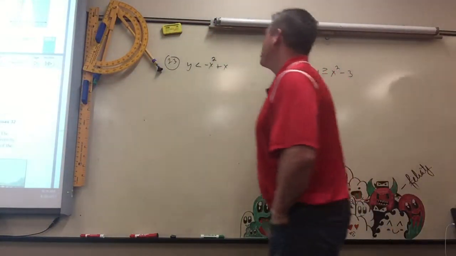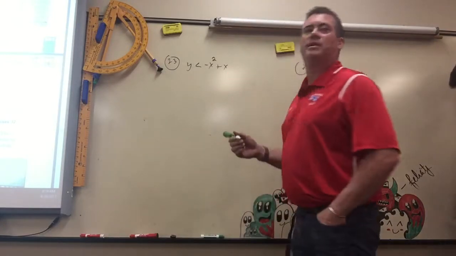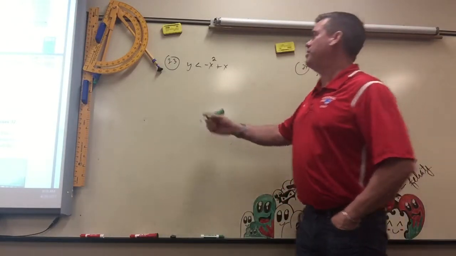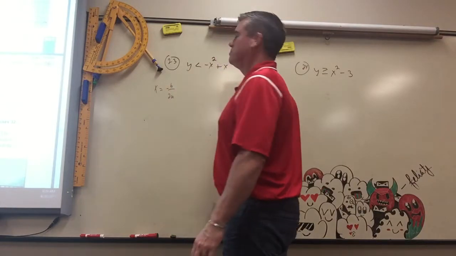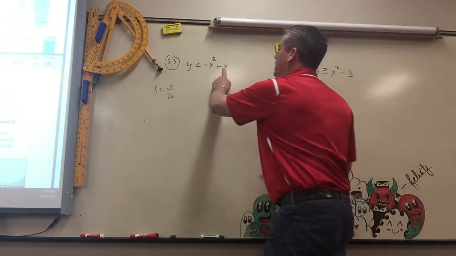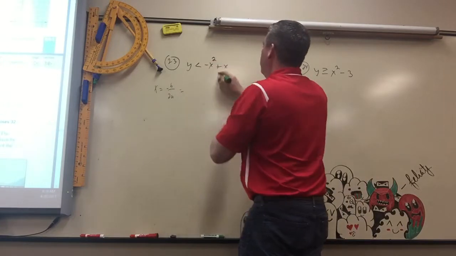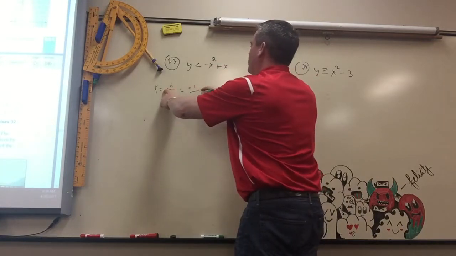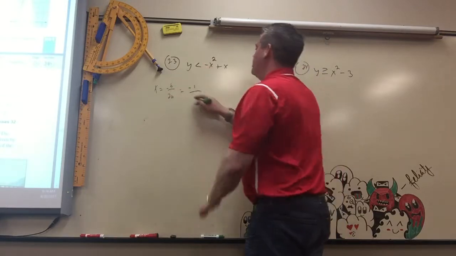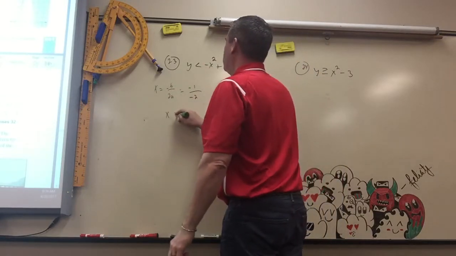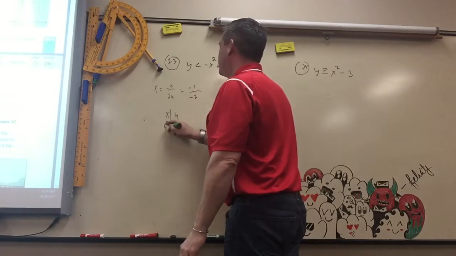Okay, so when you're graphing, you need to start with negative b over 2a. So b is a 1, so it'd be negative 1. A is a negative 1. 2 times negative 1 is negative 2. So the negatives would cancel, you'd get 1/2.